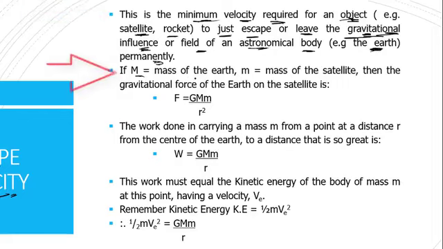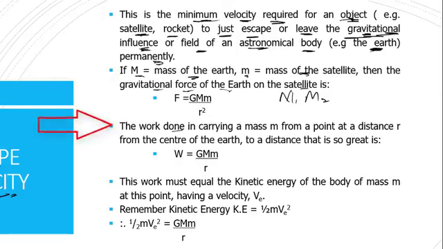Alright, so if m is the mass of the Earth, that is the bigger m, say m1, and m2 is the mass of the satellite, the small m, then the gravitational force of the Earth on the satellite becomes F equal to gravitational constant times mass of the Earth times mass of the satellite over r squared, the distance between the Earth and the satellite.